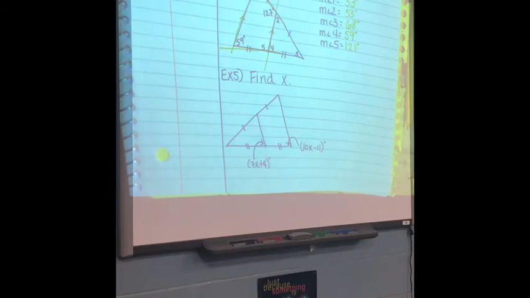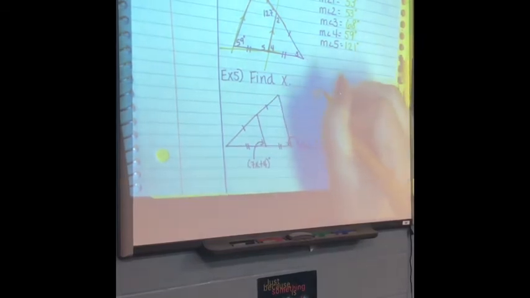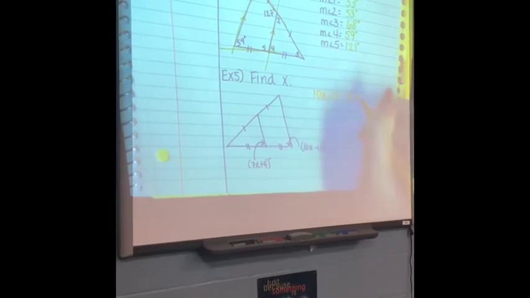Tell me what relationship those two angles have. Corresponding. What does that mean? They're equal to each other. So that means I can take 10x minus 11 and set it equal to 7x plus 4.